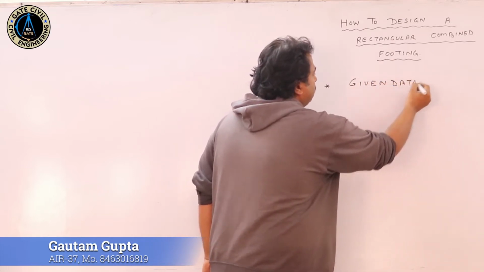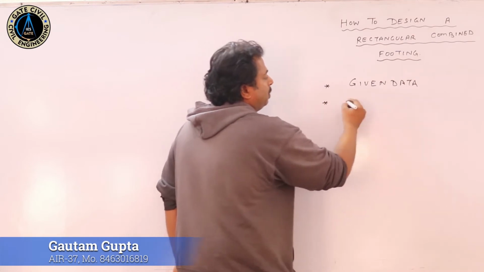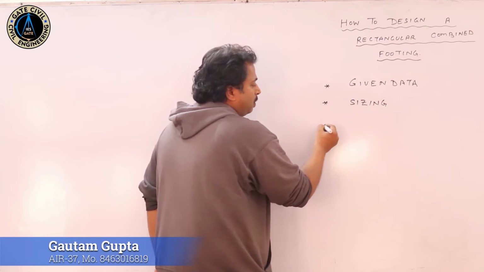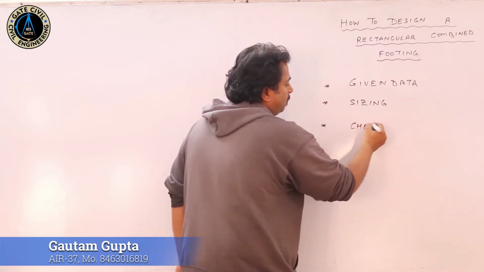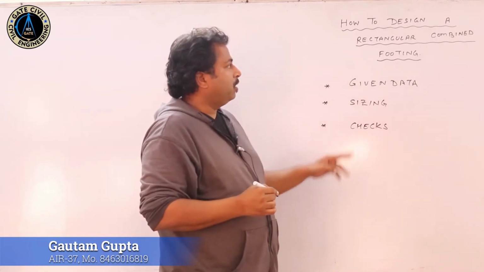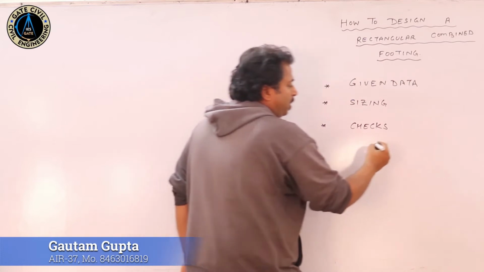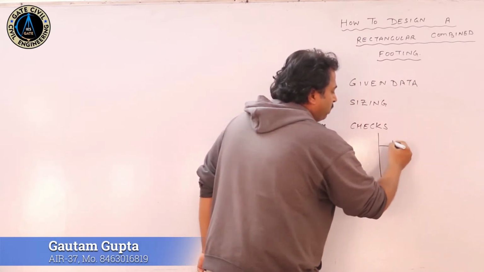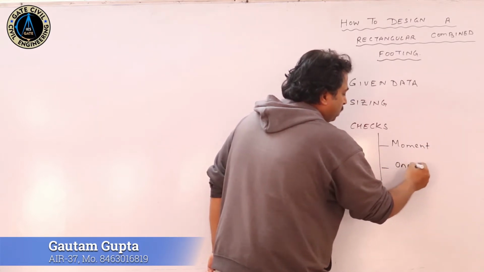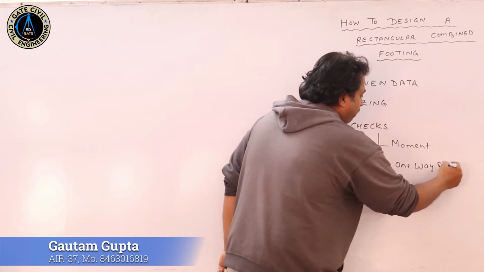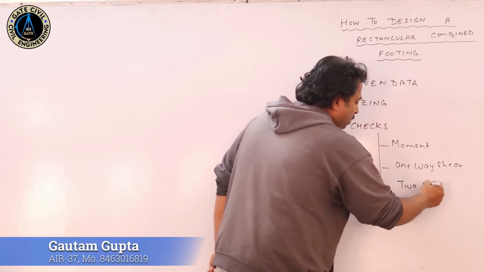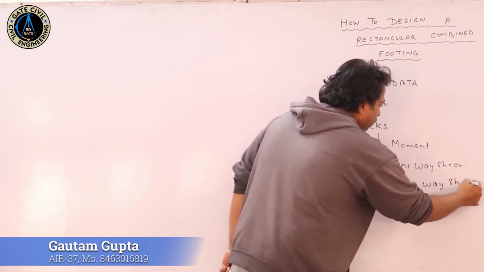what is the given data, then sizing of the footing, then the necessary checks that are involved in the design of the combined footing. In these checks, we have moment, one-way shear, and two-way shear.